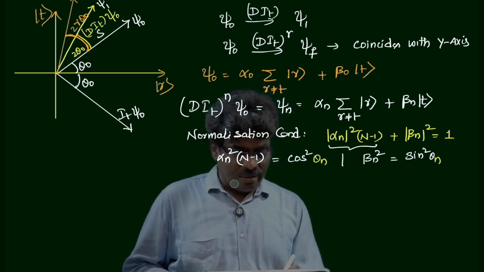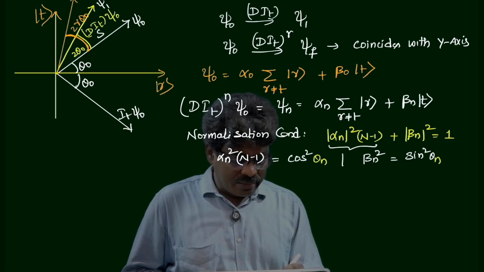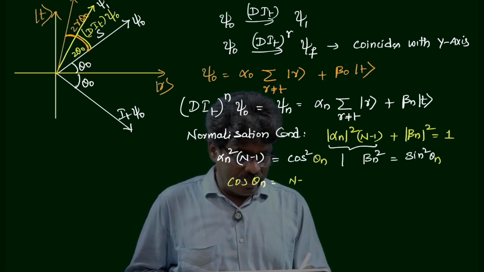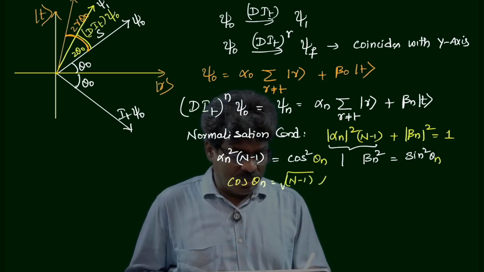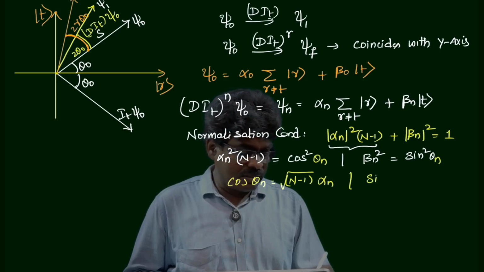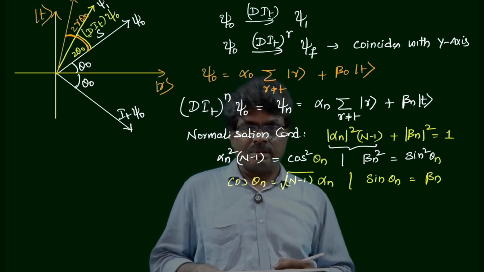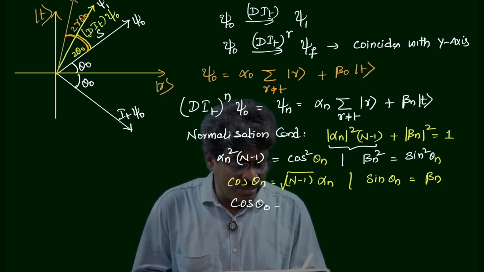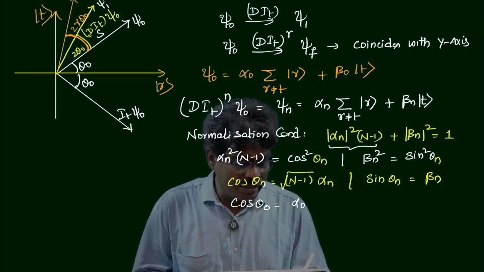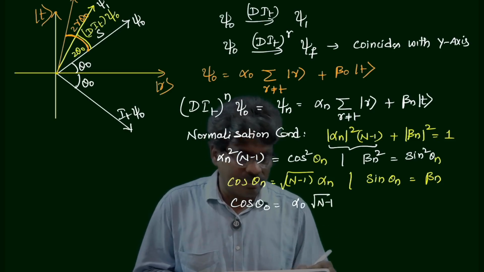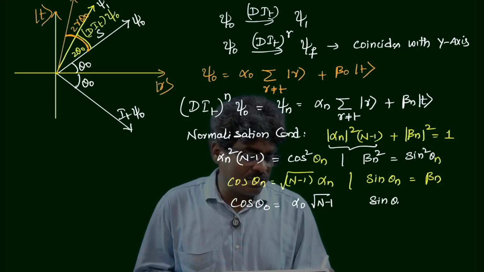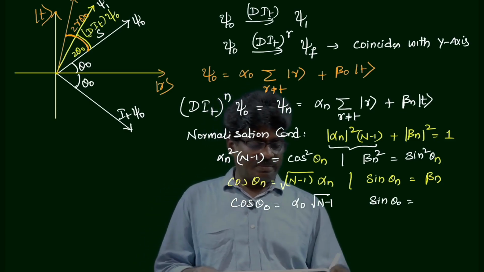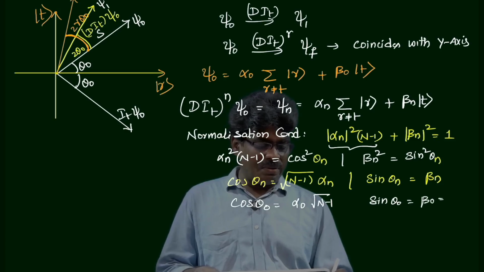So from this I can find cos theta n equals alpha n times the square root of n minus 1, and sine theta n equals beta n. So from this I can write cos theta naught equals alpha naught times the square root of n minus 1, and sine theta naught equals beta naught, which is equal to 1 over root n.